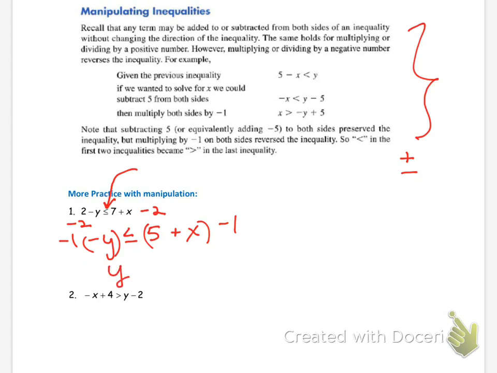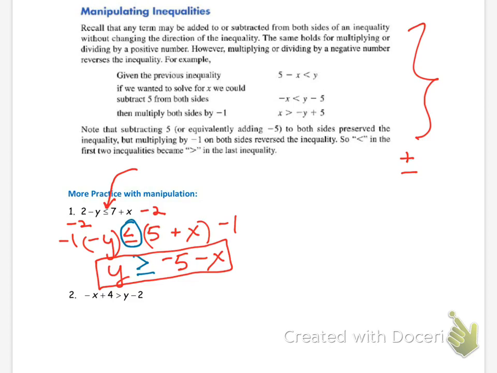So that's great. That's what I want. But the piece that you need to really focus in on is the fact that when you multiply, the second you start doing that, you are going to flip that inequality. Okay, and you're going to end up getting, let me go back to my red, a negative 5 minus x. Okay, so that's the end result. And the big takeaway is that you have to flip the inequality.